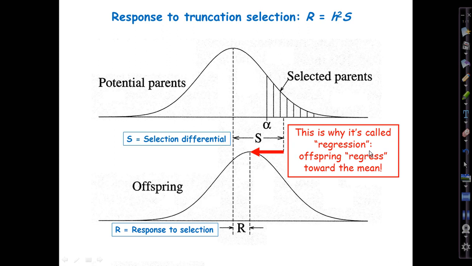And this, by the way, is why the slope of a line through a scatter plot is called a regression. You may have wondered that when you first heard it. What's regressive about it? Well, it's called a regression because in Britain in those days, it was natural to say the offspring mean or the offspring population regresses, that is, falls back toward the mean of the original parental population.